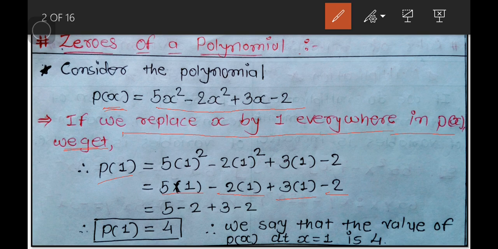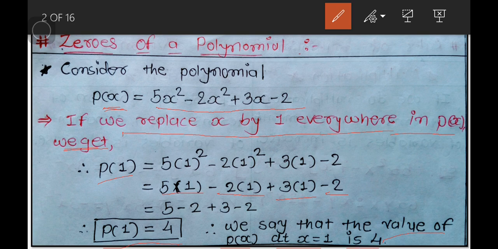Now evaluating these, we get p of 1 is equal to 4, and this is the value of polynomial at x is equal to 1. So we can say that the value of p of x at x is equal to 1 is 4.